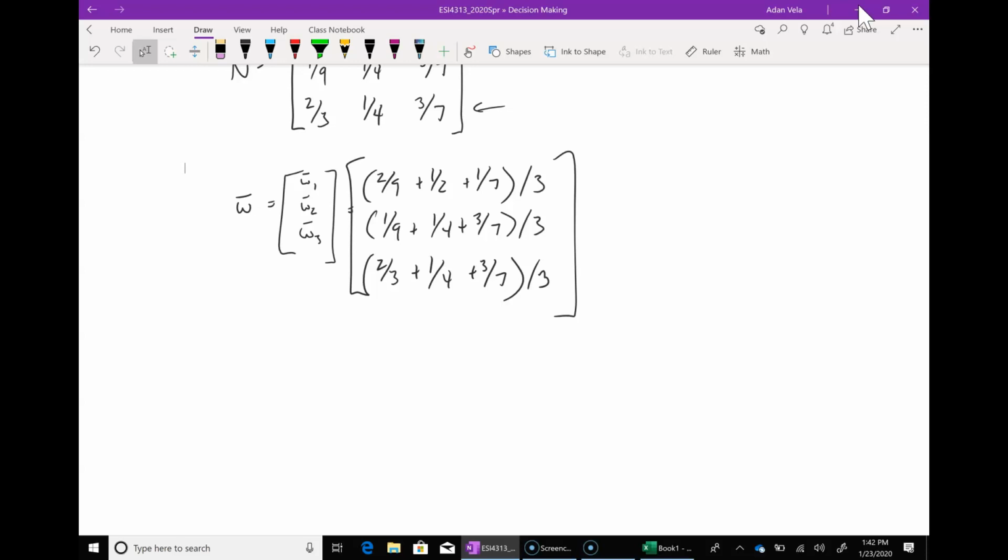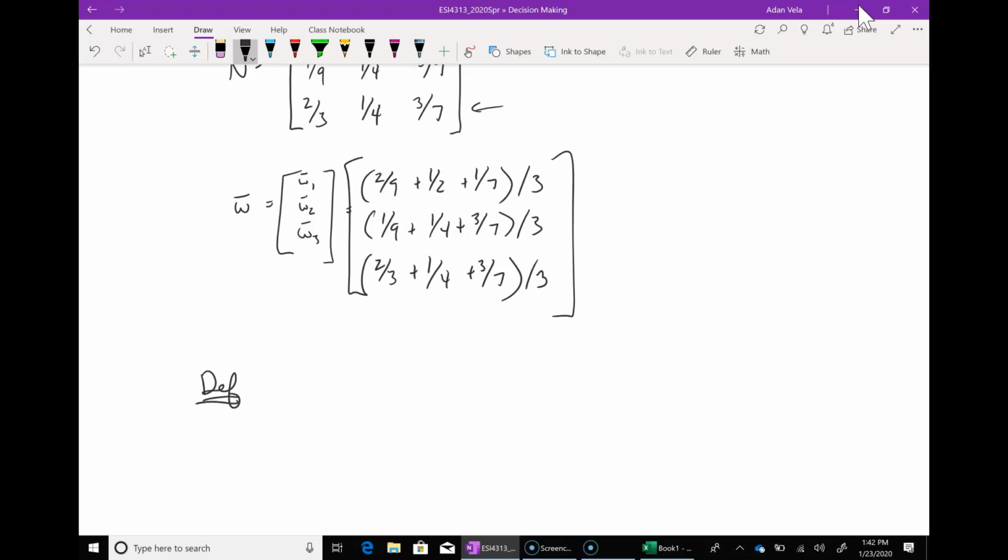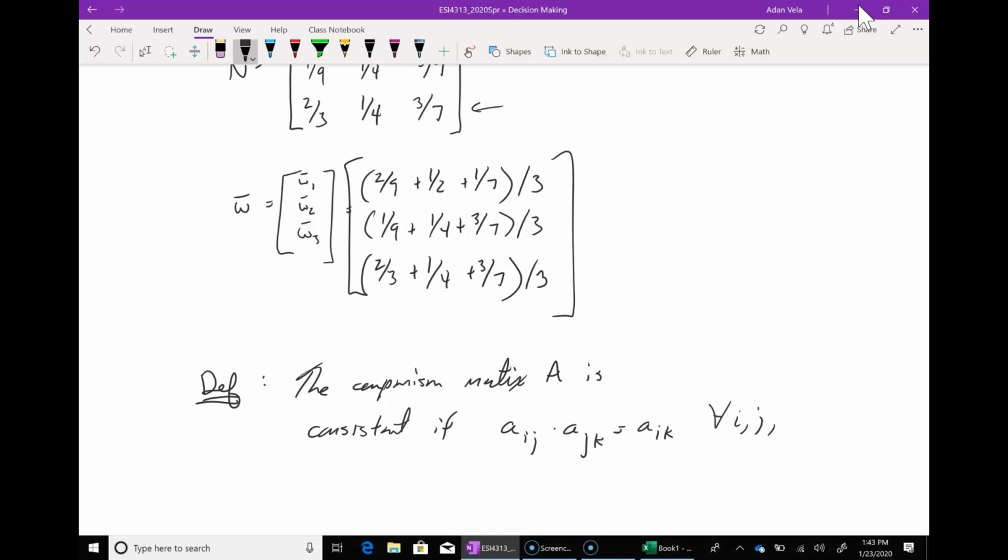And so we have a similar definition for checking for consistency. Perhaps a more formal one is: the comparison matrix A is consistent if Aij times Ajk is equal to Aik for all i, j, and k.